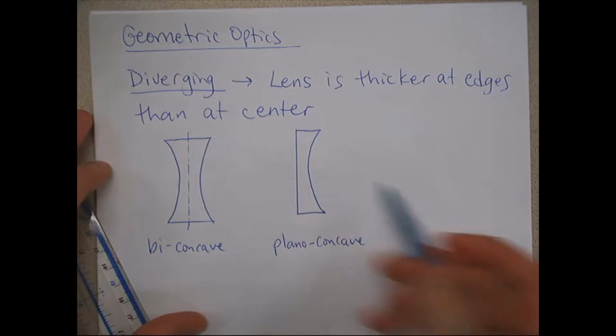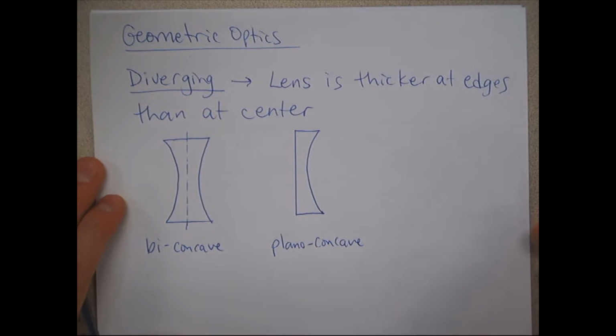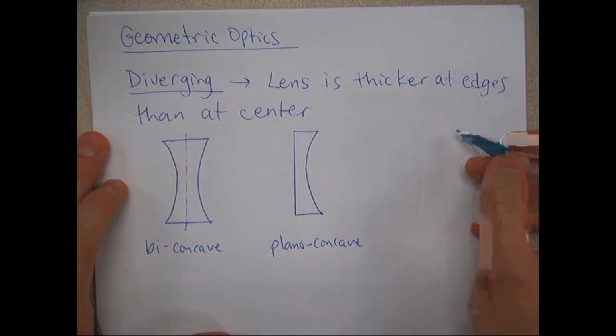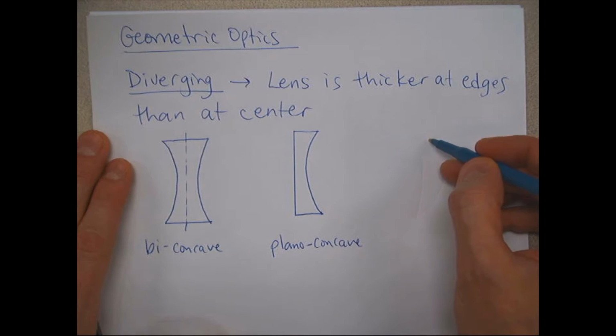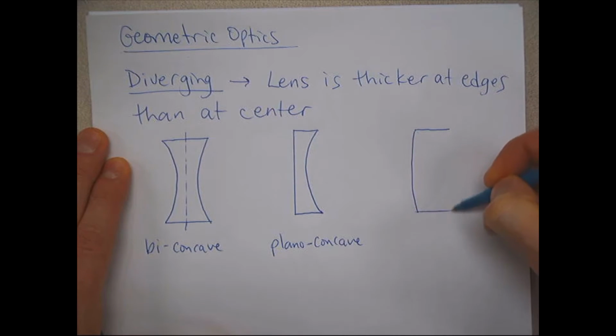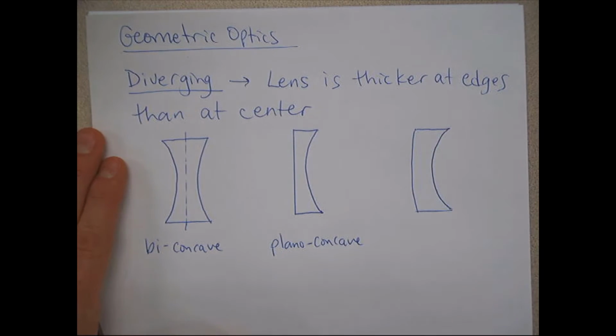Also thinner at the center. And then there is another type of meniscus lens, which has to have curvature on both sides, but here one face will have a greater radius of curvature than the other. So maybe some very large radius of curvature here, with a smaller radius of curvature on that face.